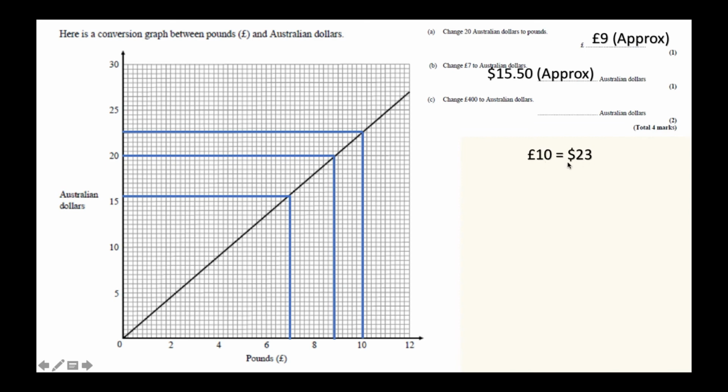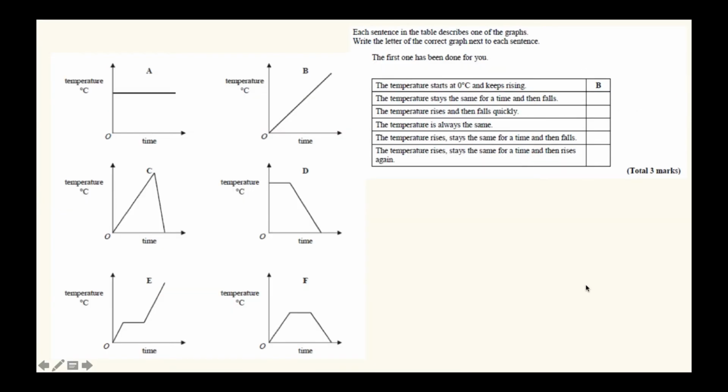And what I'm going to do now is, because I know that that's £10, I can times that by 10 to give me £100. So £100 would be $230. And then I just need to times that by 4 because I need £400. So £400 in Australian dollars is $920.